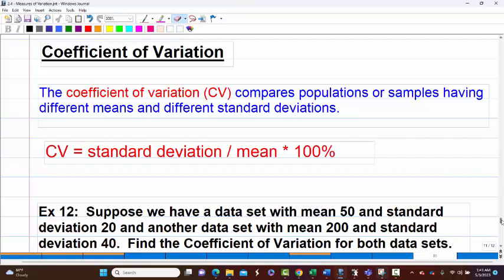So the coefficient of variation, and this is kind of interesting, compares data between two different groups where they have different means and different standard deviations. You can't really just compare standard deviations itself.